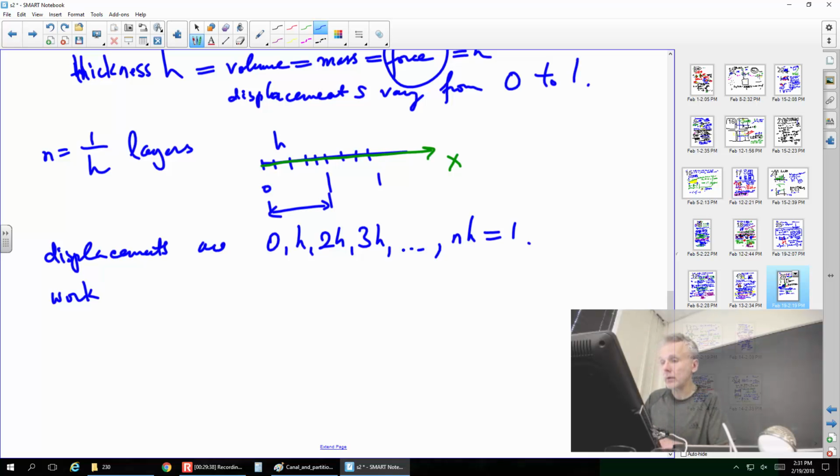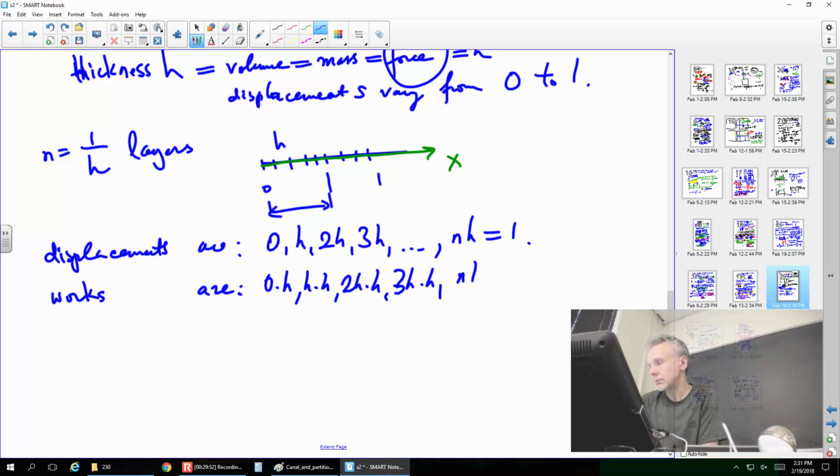So work, or R, if you prefer, will be 0 times h, h times h, 2h times h, 3h times h, and finally nh times h. So I just take my displacements and multiply them by the same force, which is h at the top, as we determined.